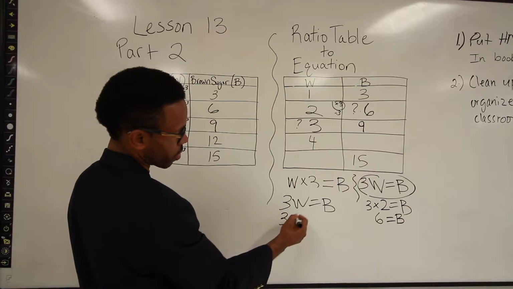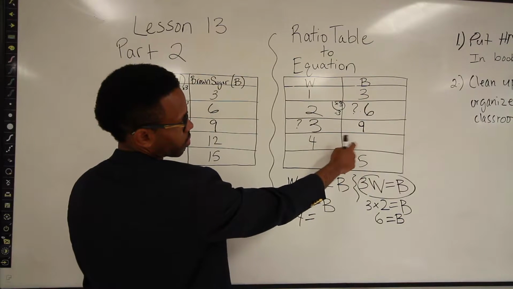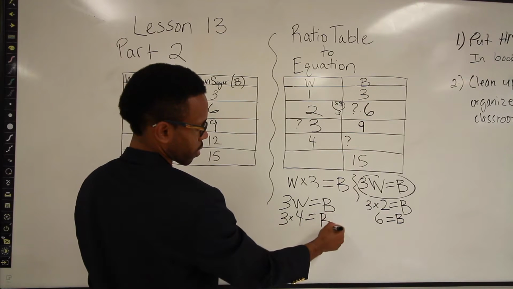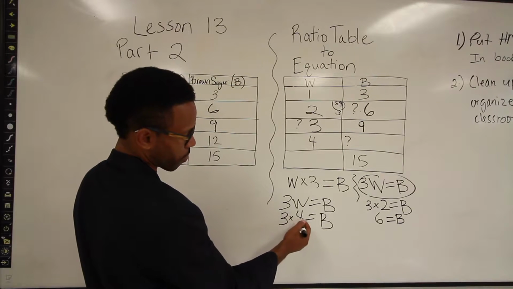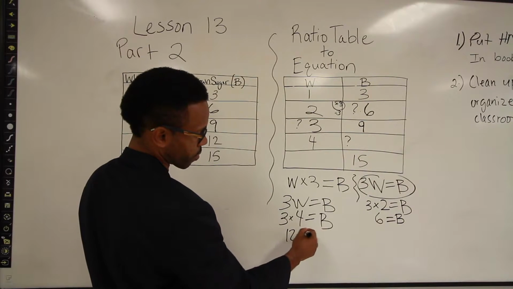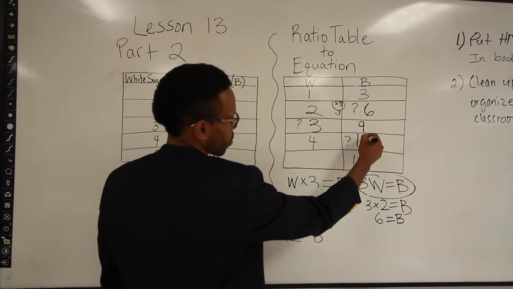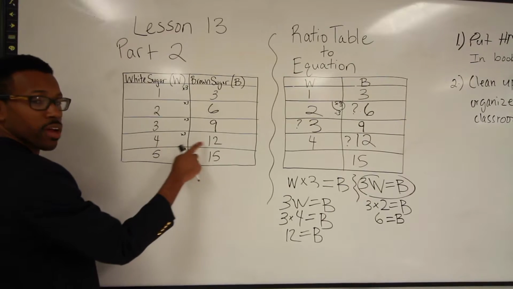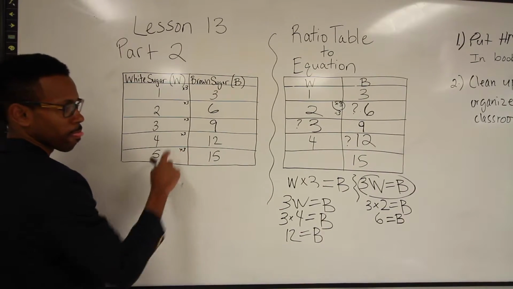It's 4. That equals my unknown here. That equals B. Using my equation again. 3 times 4 is what? 12. 12 equals B. Plugging it right in. You see how it's the same information we have over here, the table we already filled in. See how our equation works? Okay.